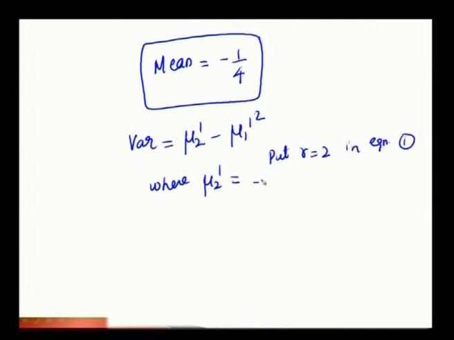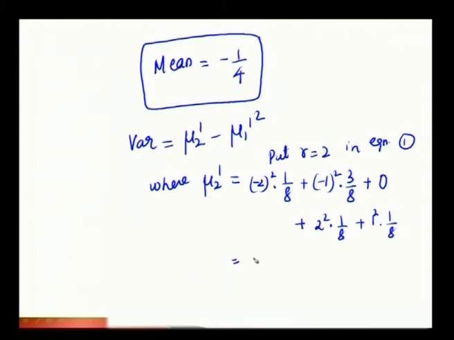So, it goes as minus 2 whole square into 1 by 8 plus minus 1 whole square into 3 by 8 plus third term is 0 plus 2 square into 1 by 8 plus 1 square into 1 by 8. So, this is equal to 4 by 8 plus 3 by 8 plus 4 by 8 plus 1 by 8. Okay.